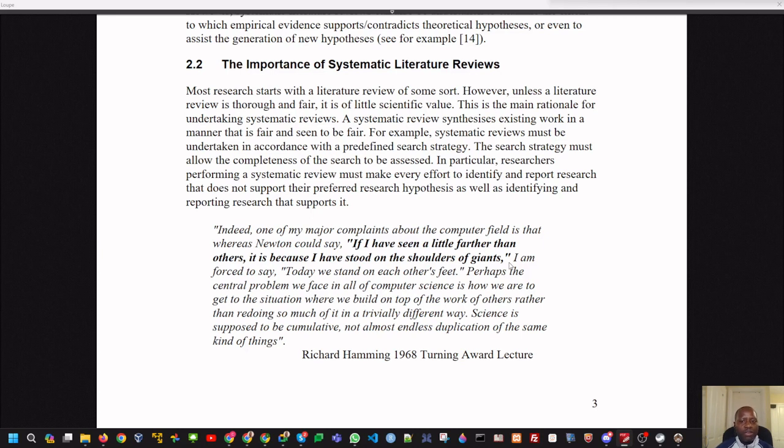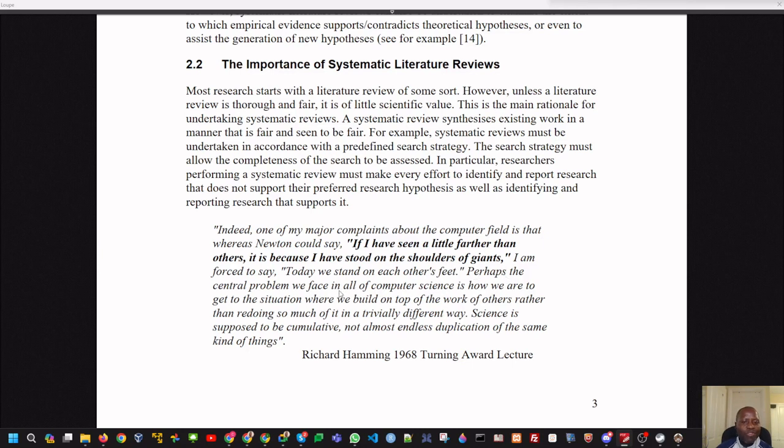This quotation from Isaac Newton is well known among those who have done the sciences, but even in everyday life, this quotation is well known. But Richard is saying, "I am forced to say today we stand on each other's feet."